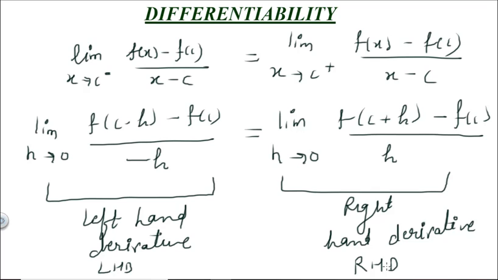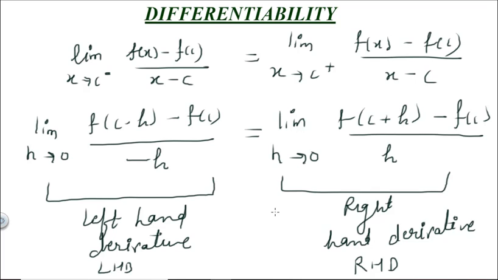Fine. If you prove LHD equal to RHD, you say the function is differentiable, as we have seen already with the help of the graph. Or if you get LHD not equal to RHD, we say the function is not differentiable. That means at that point of the curve, there does not exist a unique tangent.